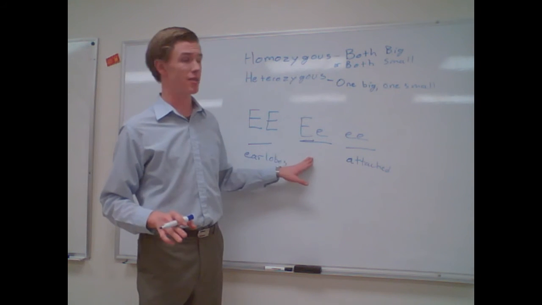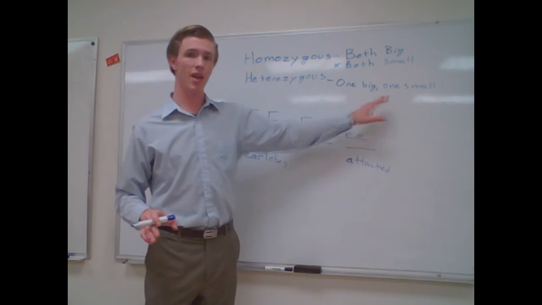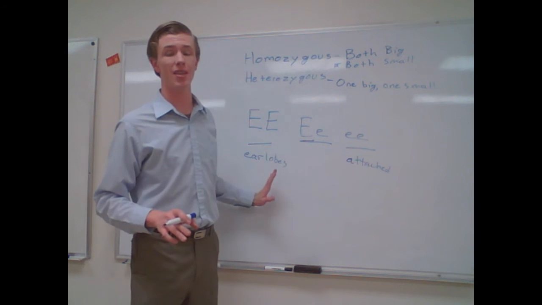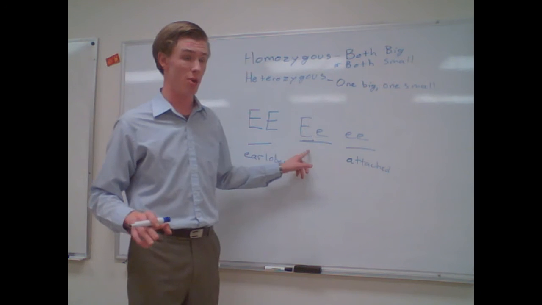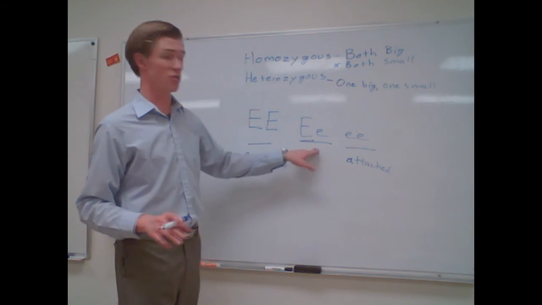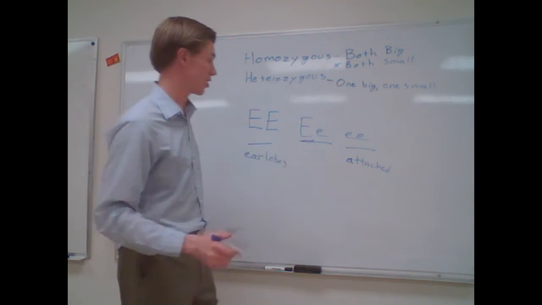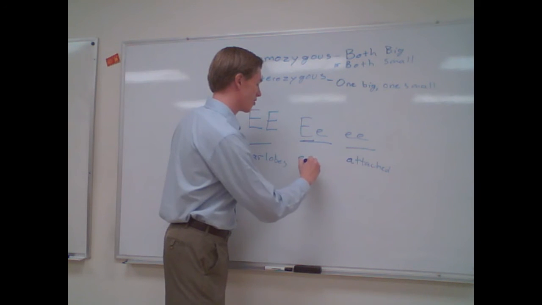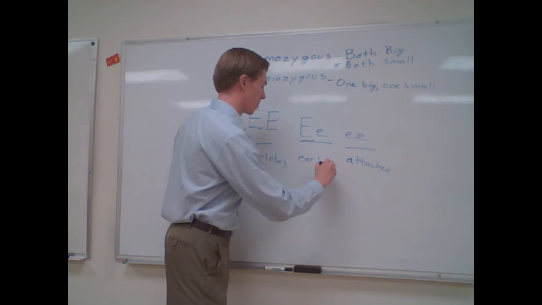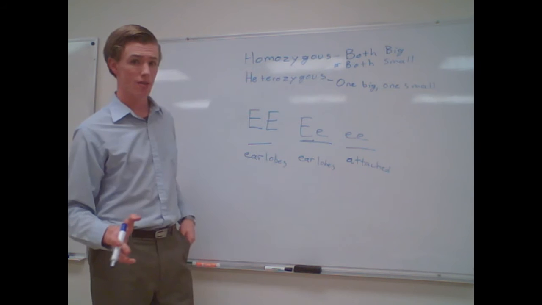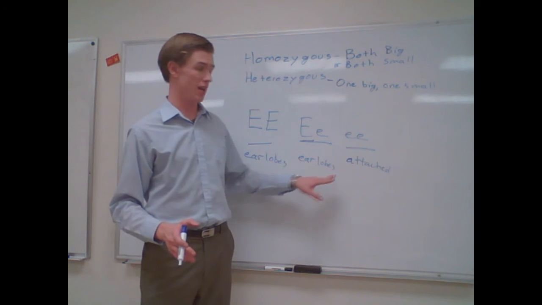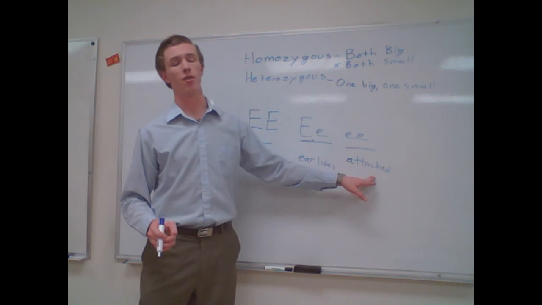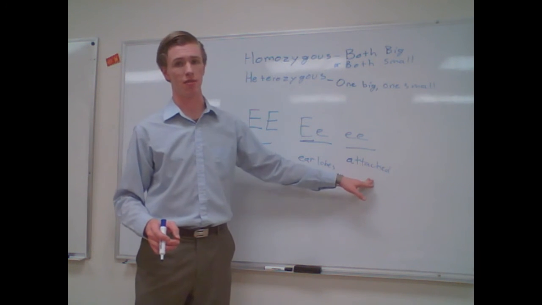Again, heterozygous means 1 big, 1 small, and it always looks like the dominant gene because it has a dominant gene in it. If there's 2 big crazy people in the room, you're going to notice it. If there's 1, you're still going to notice the big crazy person. So here, you're also going to have free earlobes. So the phenotypes: the dominant trait for heterozygous, and the recessive trait for homozygous recessive.